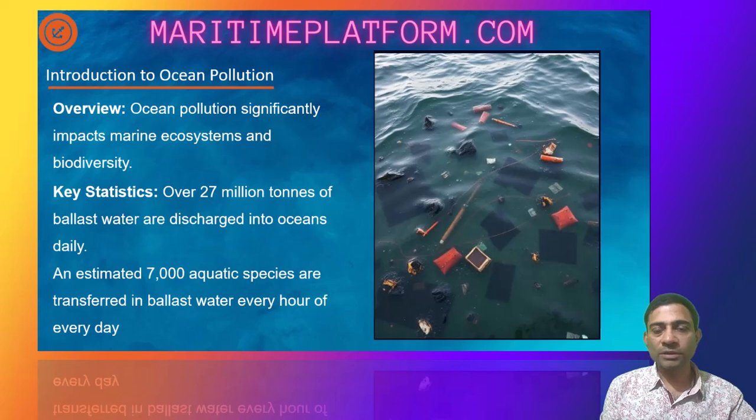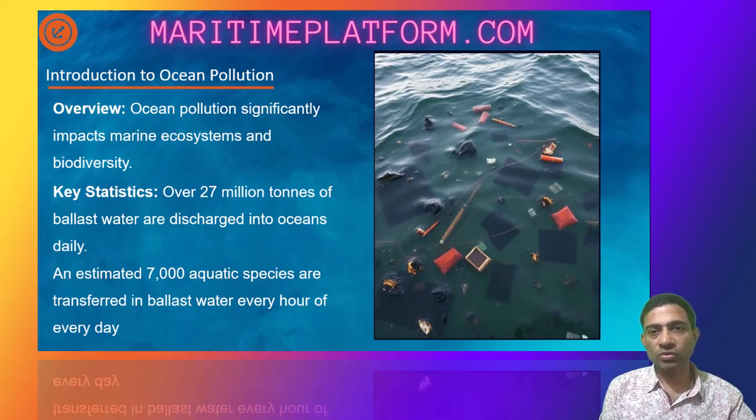So the ship becomes so light that it can become unstable. And also the propeller which propels the ship comes out of the water, reducing the efficiency.